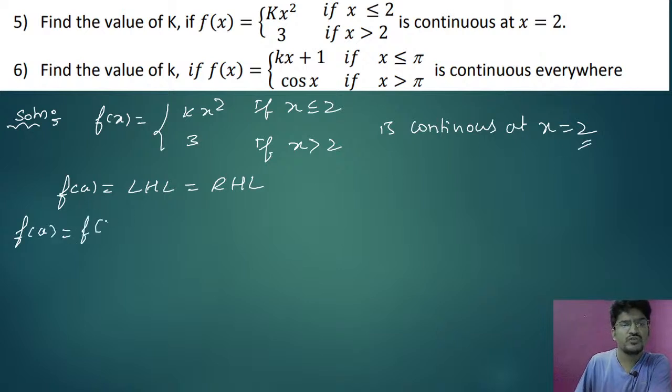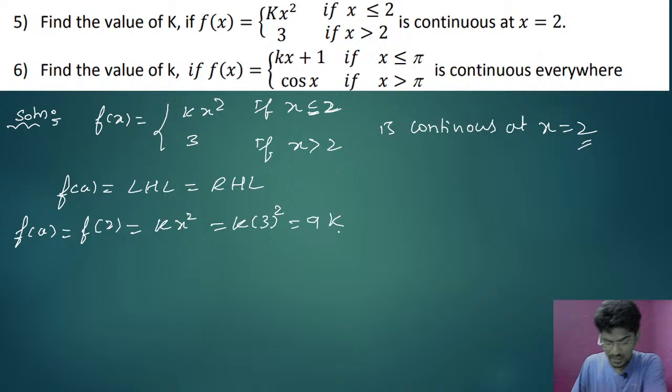2. So f of 2, at x equal to 2, k into x square. So that is k into 3 square, so 9k. Sorry, it is 2 square, 4k.